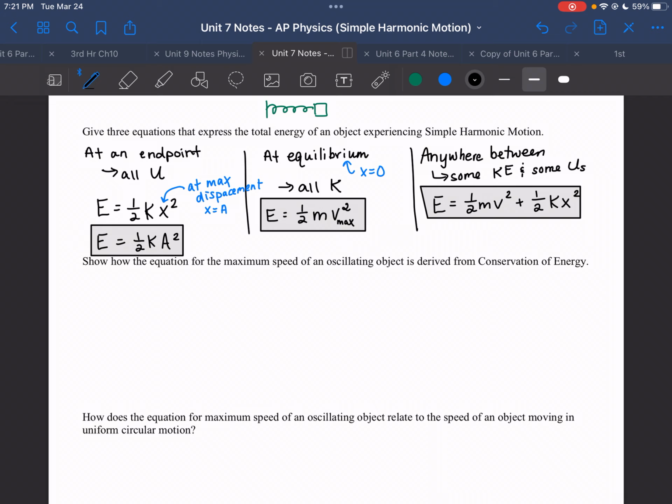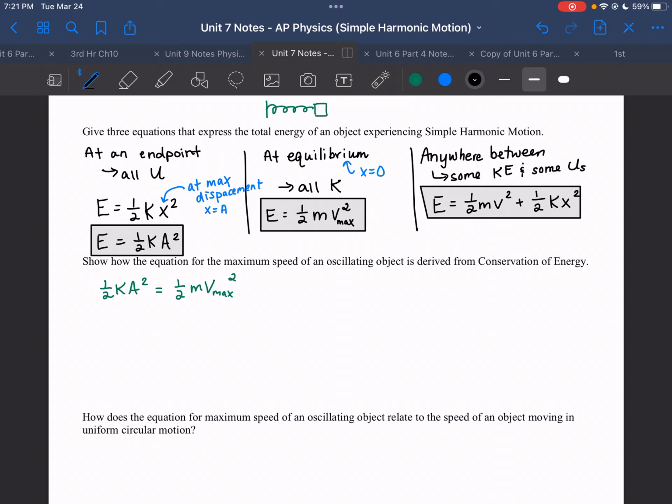Obviously, the easiest one here would be to set these two equal to each other, because again, max energy is not going to change. So if we do that, we can say that the energy, 1/2 k amplitude squared, when it's at an endpoint, is equal to the amount of energy at the equilibrium, 1/2 mv max squared.